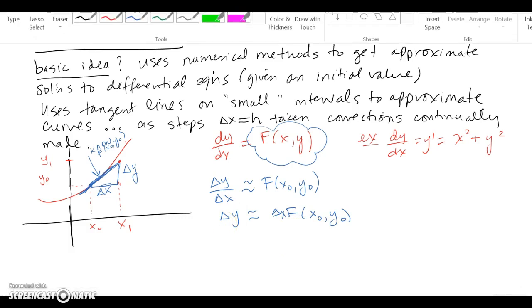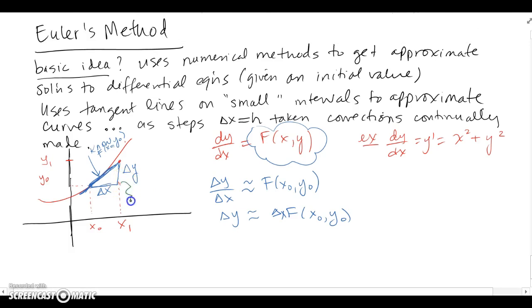I also know that this distance right here is y0, because from x0 to get up to that point, I went y0 units up. I also know that this entire distance all the way across, if I go y1, is what I have from here to here. So how did I obtain y1 in terms of the previous y that I knew? I took y0 and I added delta y to it, and that gave me what approximately y1 is, which is, as you notice, an underestimate compared to where I really should be on the curve.